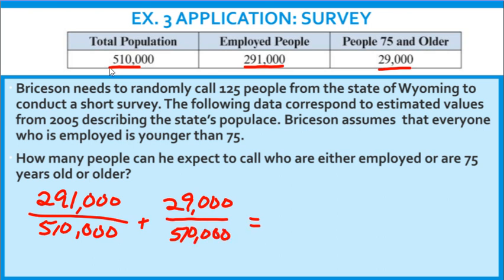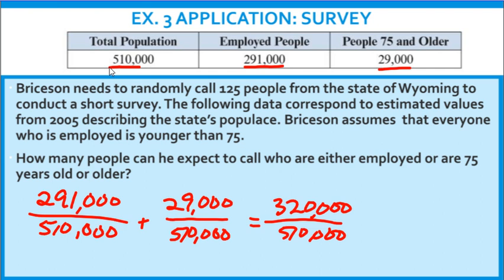If I add them together, 291 plus 29,000 would give us, 291 plus 29, this would give us 320,000 out of the 510,000.